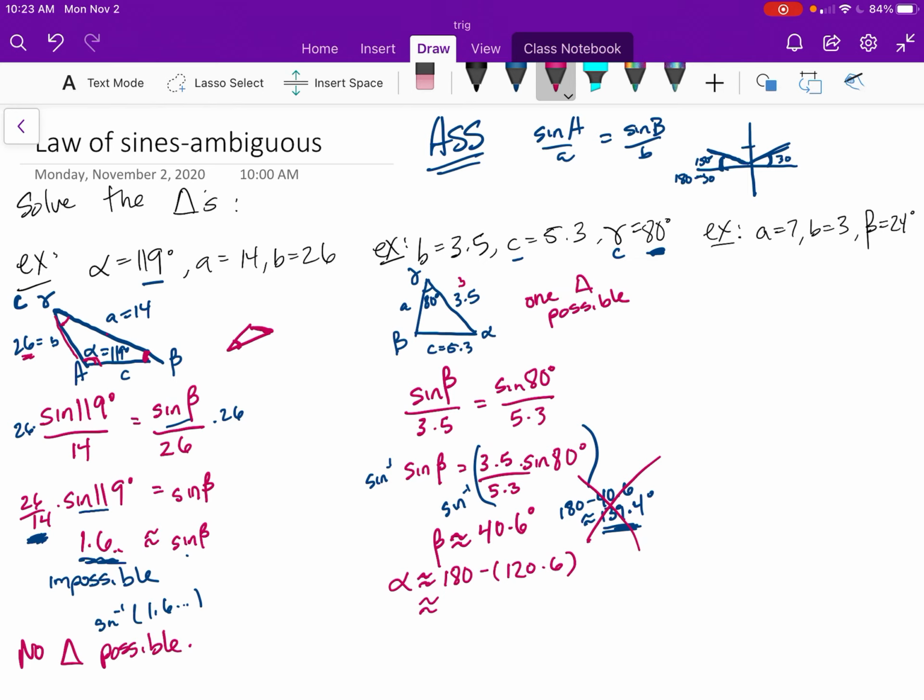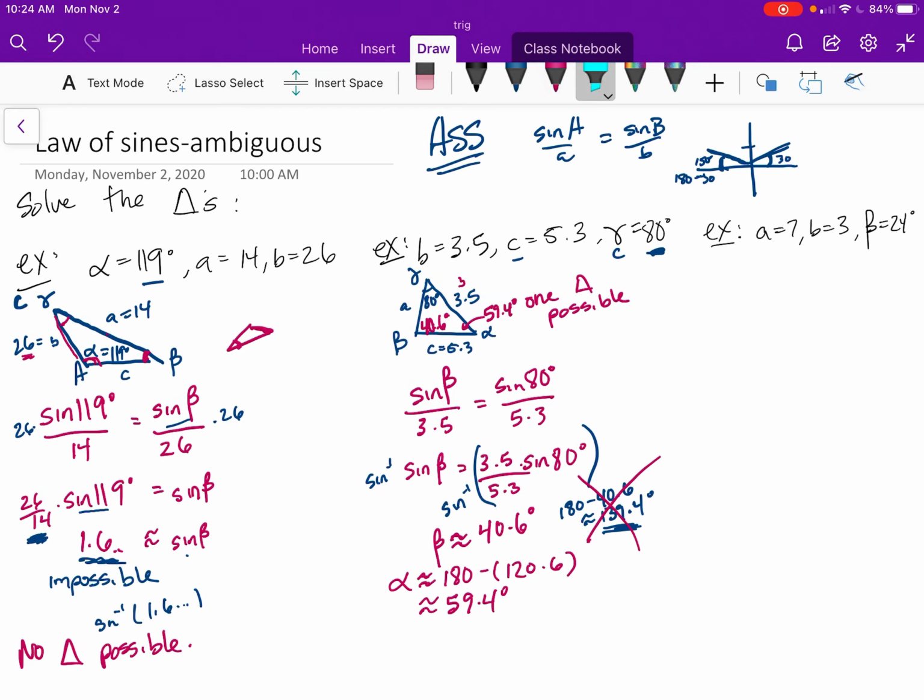And you get 59.4. Okay, so now I know this beta was 40.6. And then this one, I'm out of room, so right over here, 59.4. So last we need the side A, the side opposite of alpha.